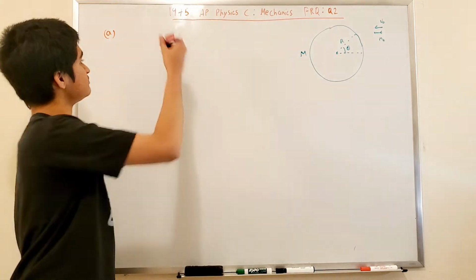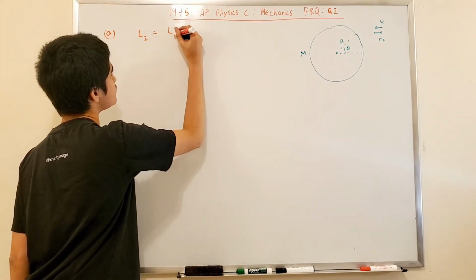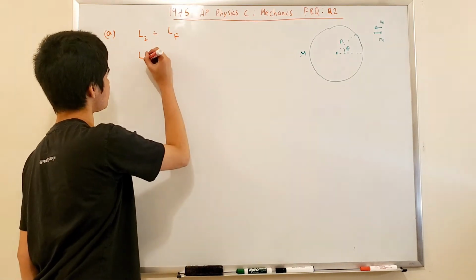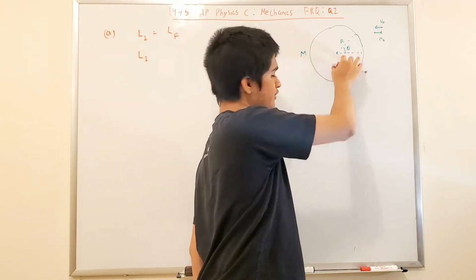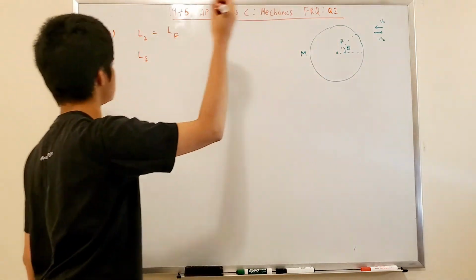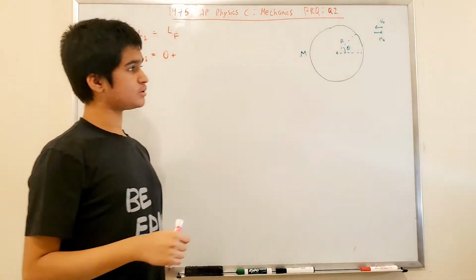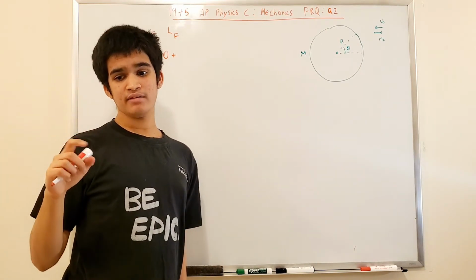Conservation of momentum states that our initial angular momentum is equal to the final angular momentum. The initial angular momentum is given by the angular momentum of our tire plus the angular momentum of our bullet. The angular momentum of the tire is 0, and the angular momentum of an object moving in a straight line in general is mvr sine theta.